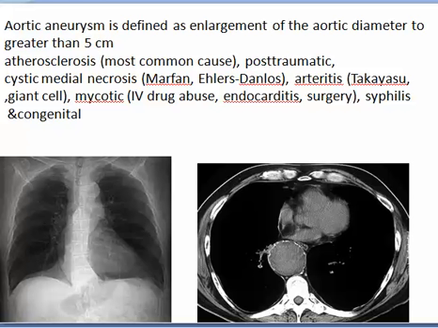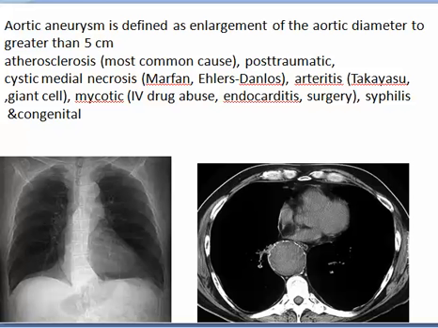Aortic aneurysm is defined as enlargement of the aortic diameter greater than 5 cm. Atherosclerosis is the most common cause. Post-traumatic is another cause. Cystic medial necrosis, Marfan's or Ehlers-Danlos.